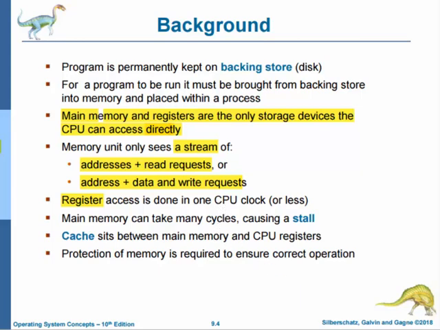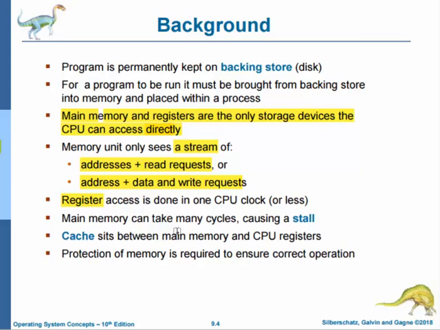For example, some CPU cores can decode instructions and perform simple operations on register contents at the rate of one or more operations per clock tick.